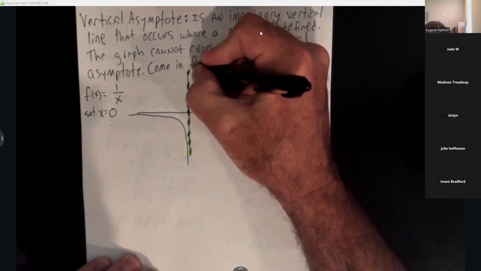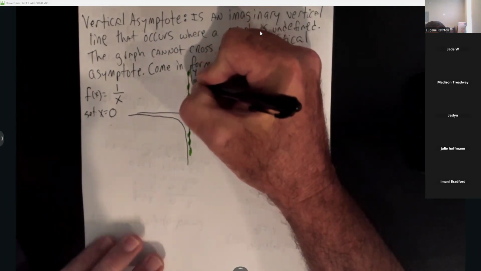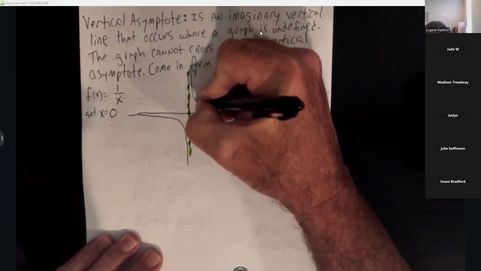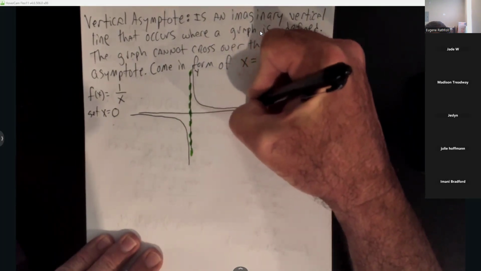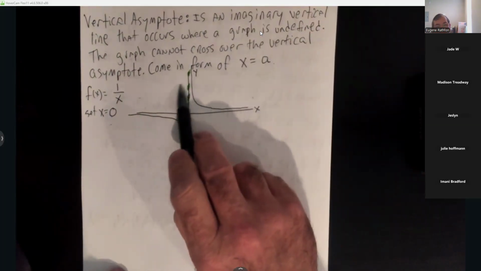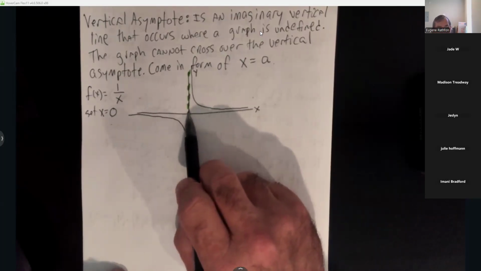Now on this side, this graph, remember the basic graph? It started up here from positive infinity. It came down and then it sort of shot along. It does not cross over this imaginary dotted line, okay?